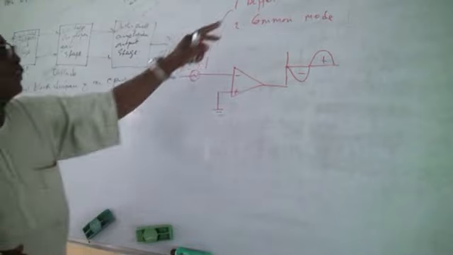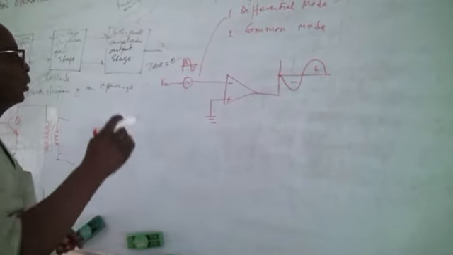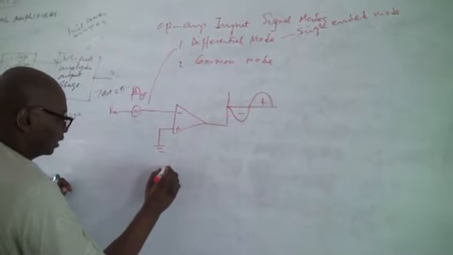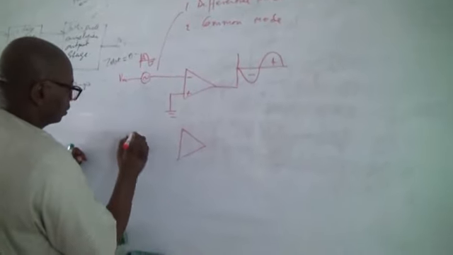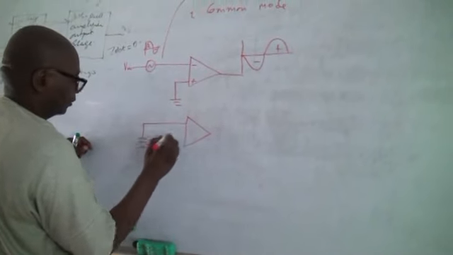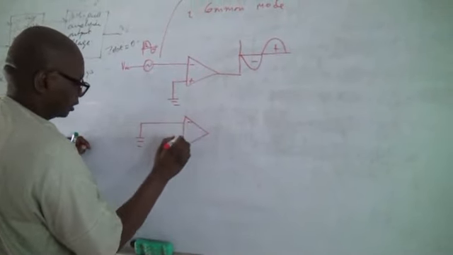Then another aspect of differential mode: here again you have a diagram like this. This will be grounded, that's the negative.